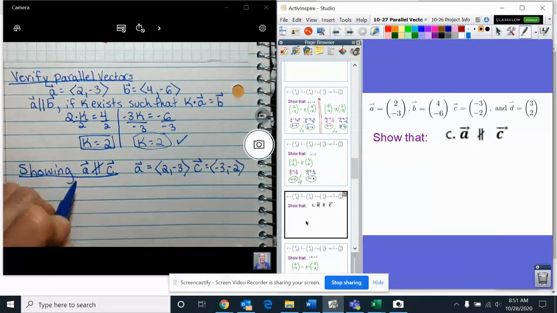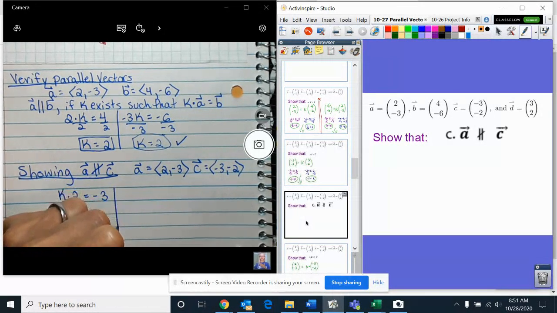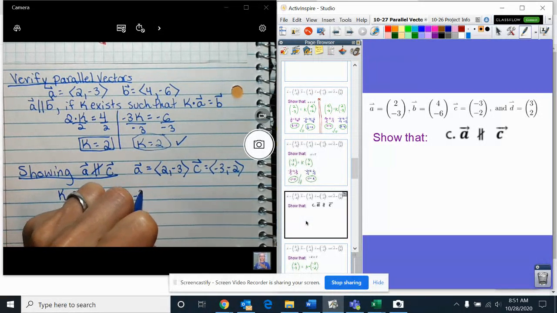So we're going to start with K times 2 has to equal -3. And K times -3 has to equal -2.